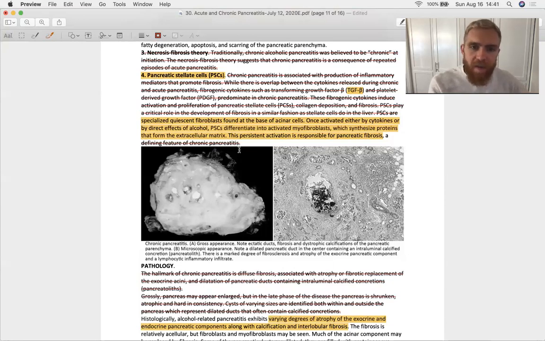So things like TNF and interleukin are going to get stellate cells to differentiate into activated myofibroblasts, which lay down extracellular matrix proteins. And that's where you get the fibrosis in the liver in response to alcoholic liver injury or maybe a hepatitis. And that's also how you get fibrosis in the pancreas. So same exact mechanism for both.